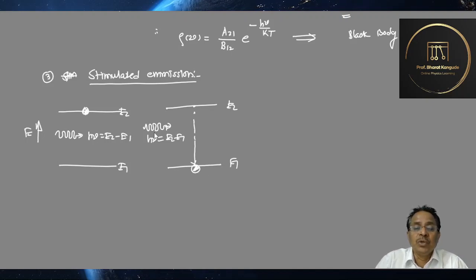In that case, because of this incident or triggered photon, two photons will be given out here. One is the original, which is coming in, and the second is radiated by the atom.